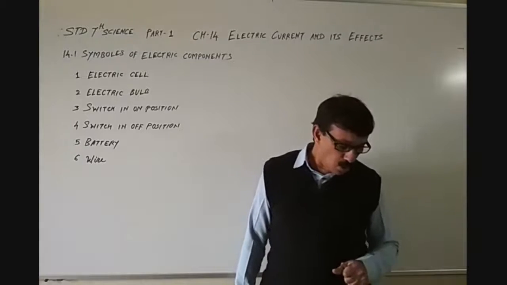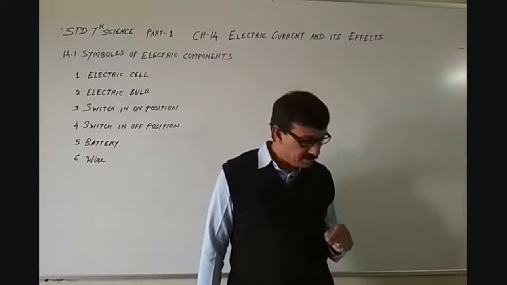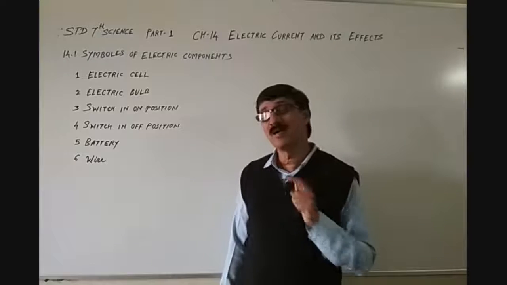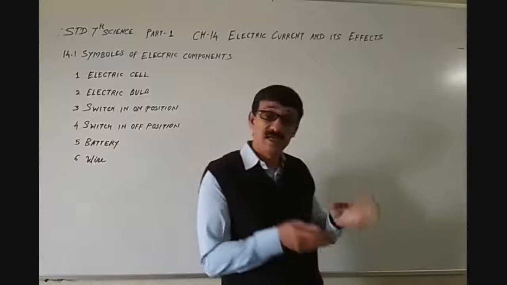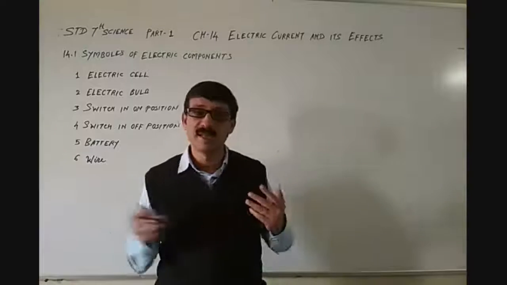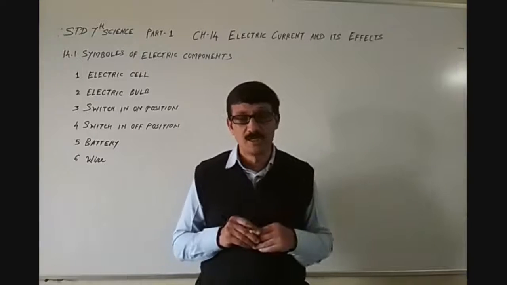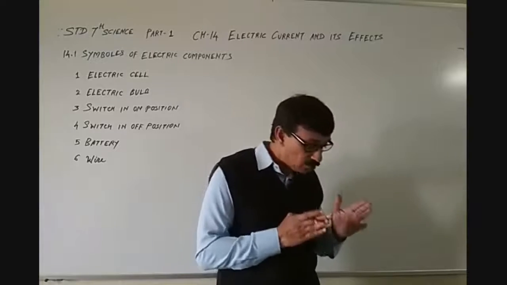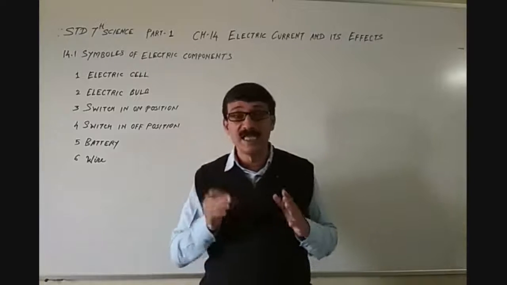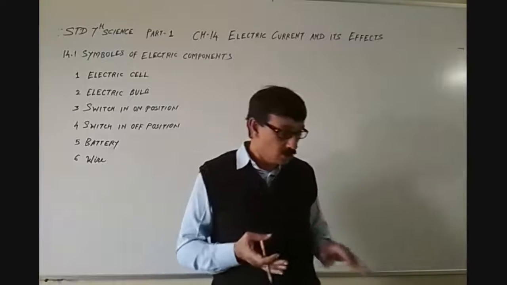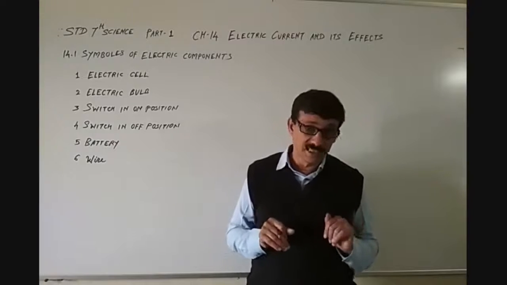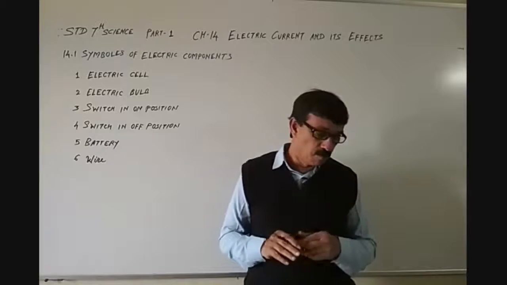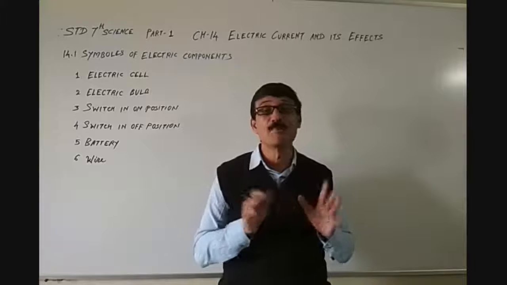It made Bujho wonder if there was an easier way to represent these electric components. See, here a simple circuit is there. Somewhere there can be very big circuits. So if we can represent these electric components in a simple manner, then it will be easier for us to draw this circuit, isn't it? For that, you can see the next point is symbols of electric components.